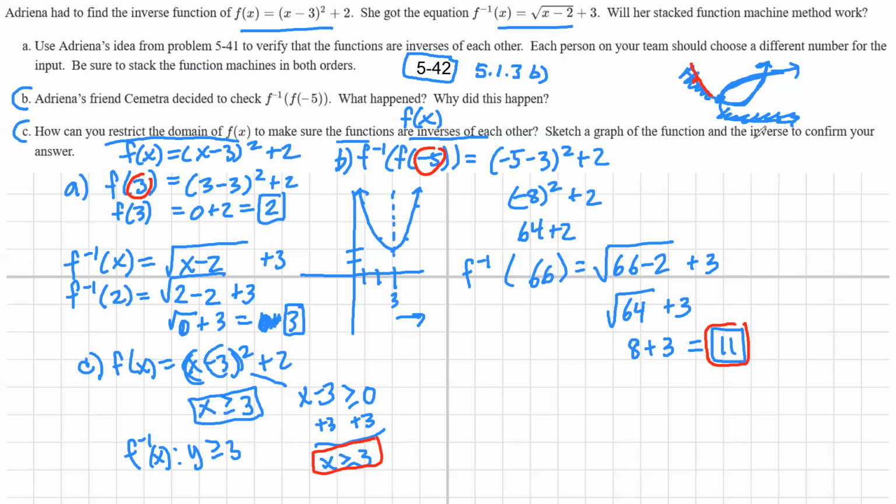Sketch a graph of the function and its inverse to confirm your answer. So the graph would be this part that we sketched right here, right? And then the inverse, I would erase this part. Let me erase that part. There we go. And then the inverse, I did this earlier on the other video. Remember, this point is 3, 2.